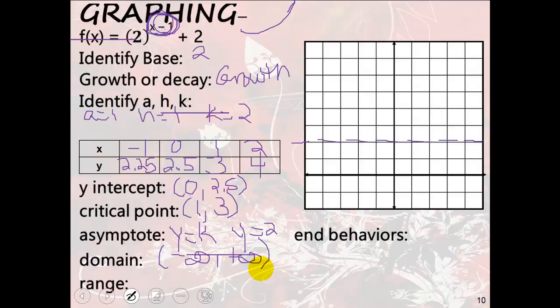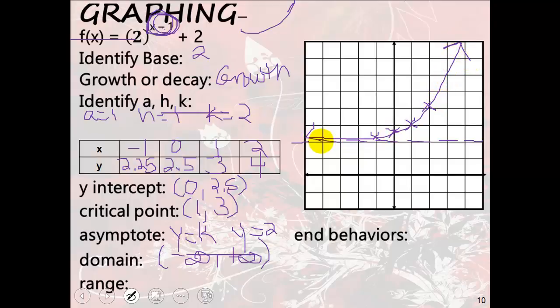Let's get these graphed. At negative 1, I'm at 2.25. This is 2.5 at 0. And at 1, I'm at 3. And at 2, I'm at 4. So it's going up like this.